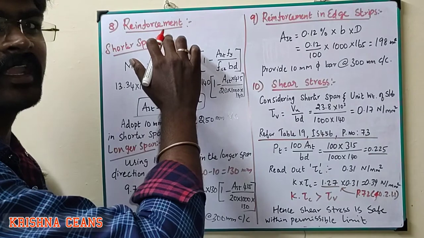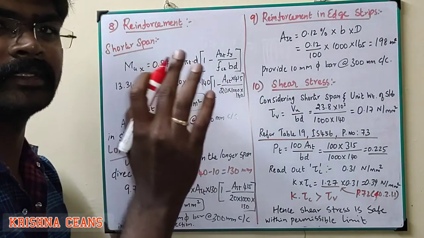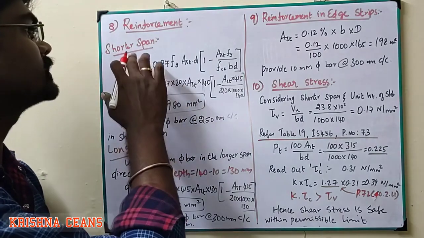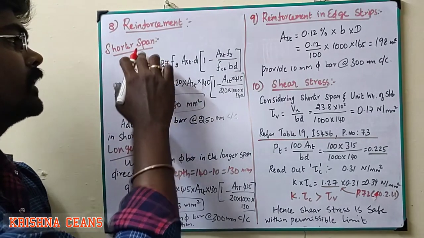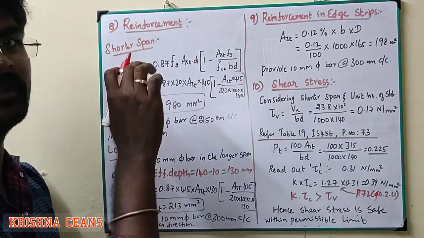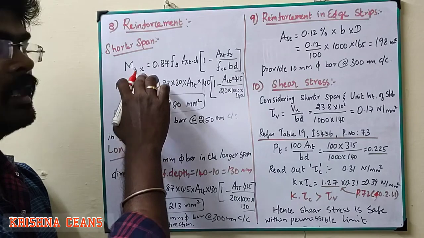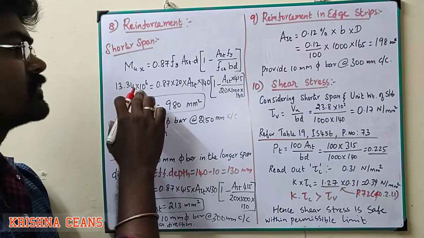Step number 8, reinforcement. So we have 2 sets of moment, so we have to calculate for the shorter span as well as the longer span. For the shorter span, we apply the moment along the x direction, that is 13.24 into 10 to the power of 6.